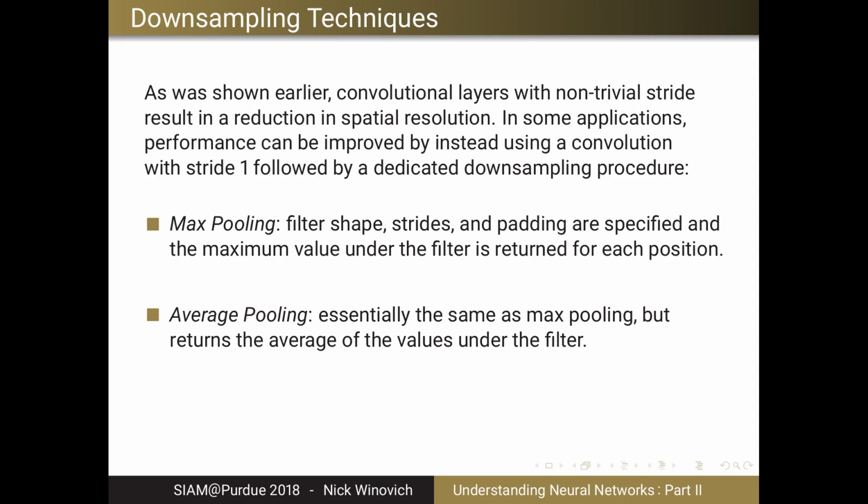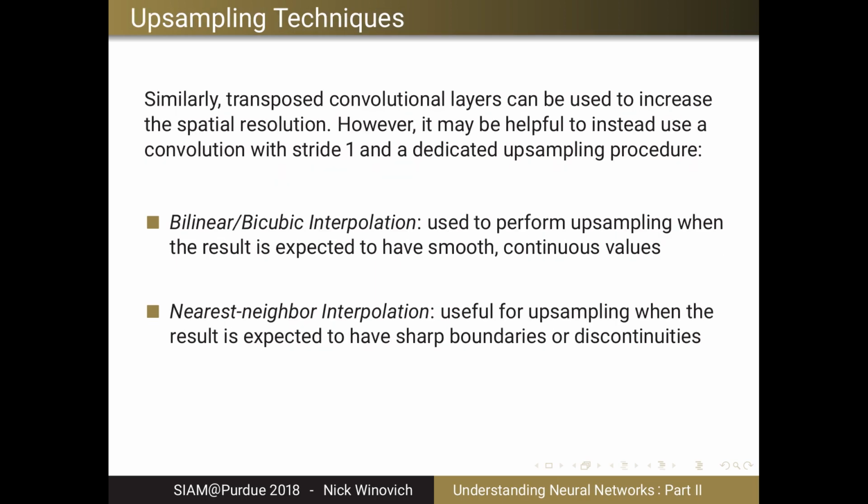So these are designed specifically to reduce the spatial resolution of our data, and that may be more natural than just doing that artificially by sliding our filter over. And it can work better for certain applications.